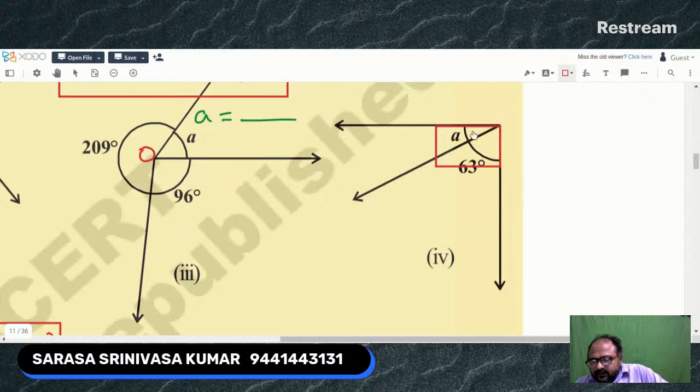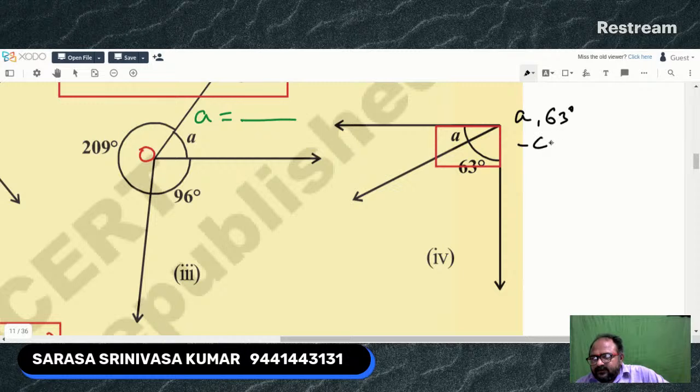Here it is observed that angle A and angle 63 degrees are complementary angles. How can you say that they are complementary angles? Angle A and 63 degrees are complementary angles.